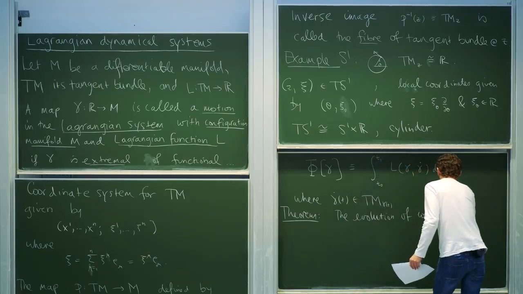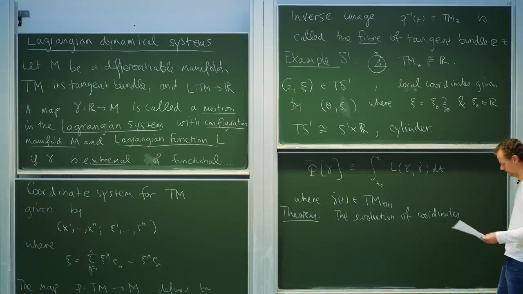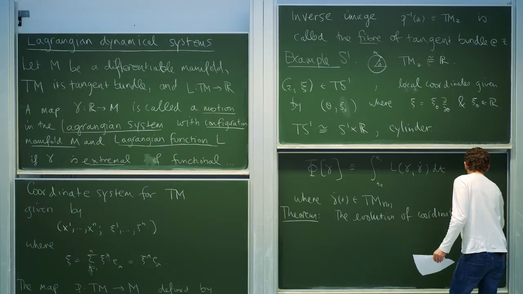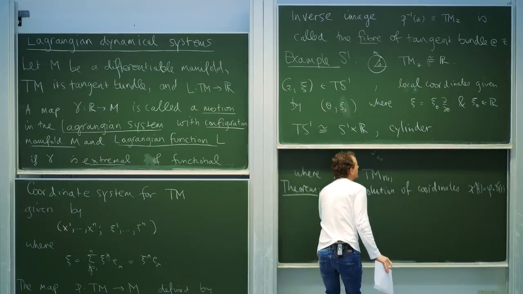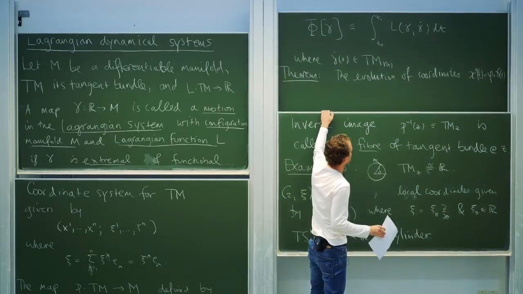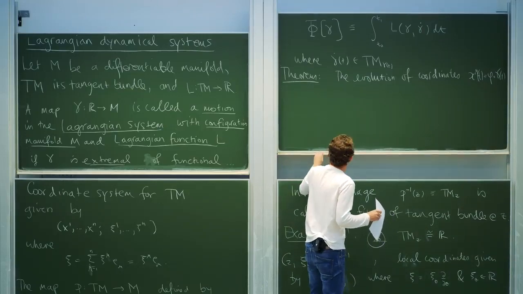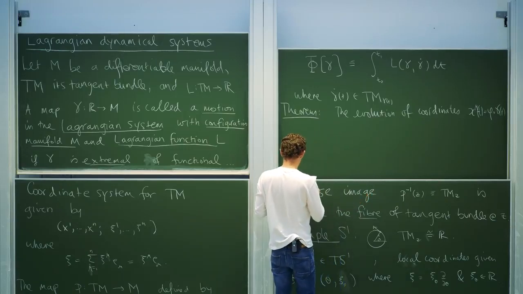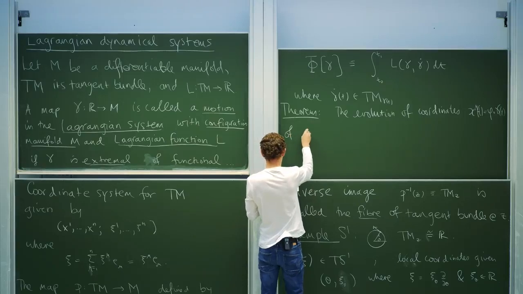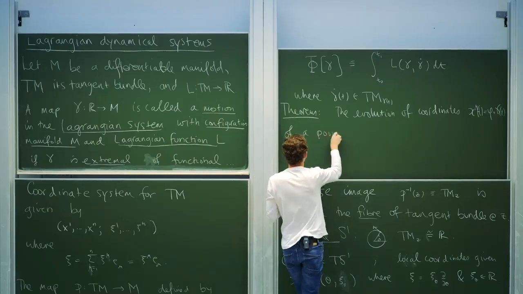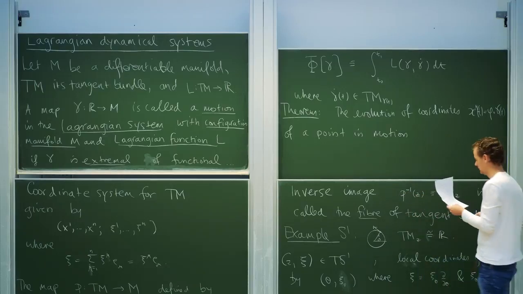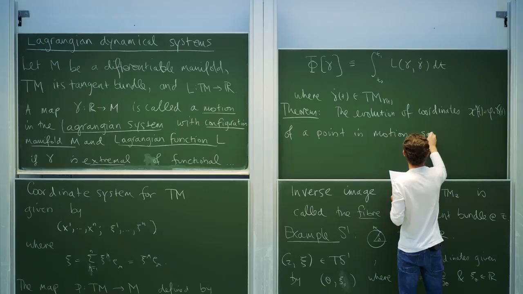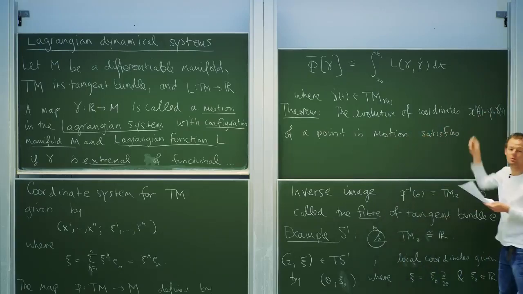that if you take some coordinates for a point in this tangent manifold along the trajectory, so x mu of t equals phi composed with gamma, so if you look at these coordinates, the coordinates of a point in the motion, then you can't just have any old coordinates.